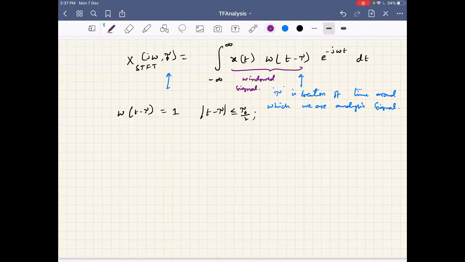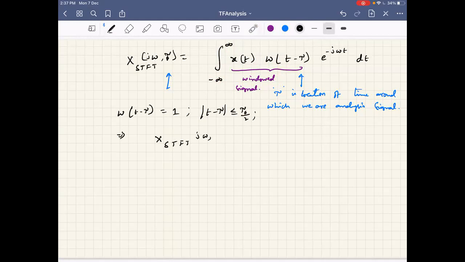In practical sense, instead of infinity, the integral goes only where the window is non-zero, hence from minus tau naught by 2 to tau naught by 2. You can simplify this by explicitly writing the limits. This implies the short time Fourier transform X(j omega).